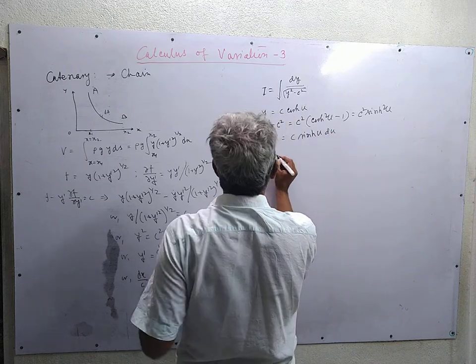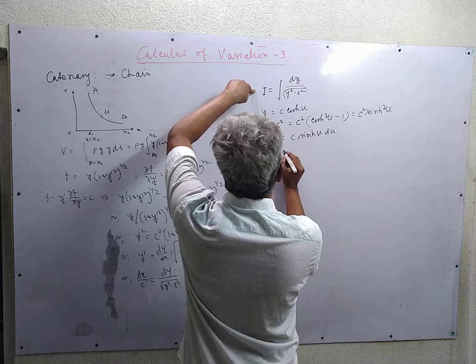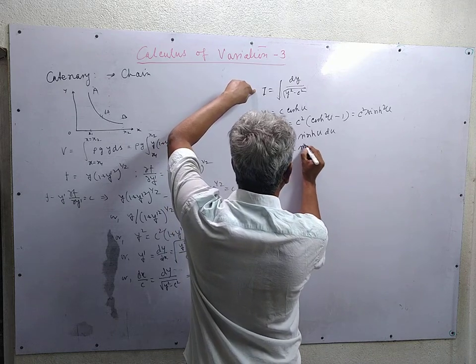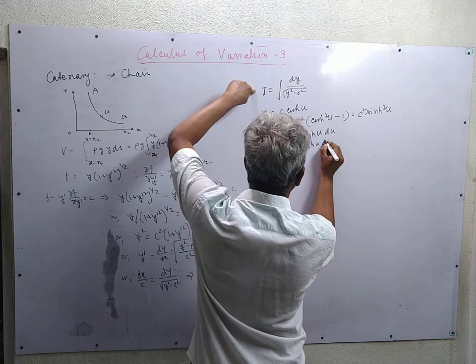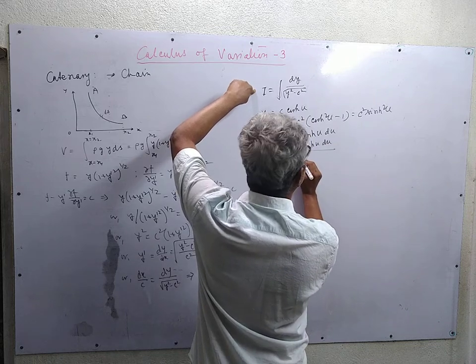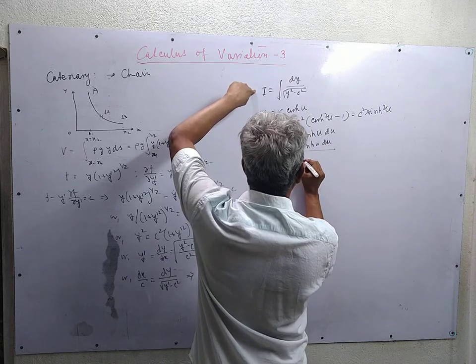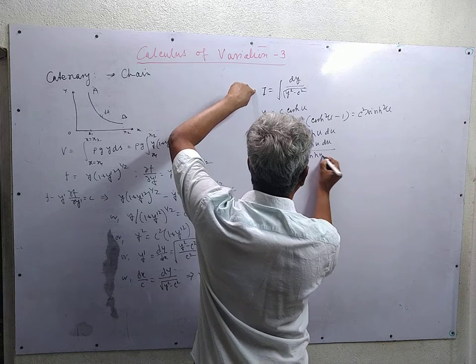So the integral I becomes c sinh u du, and in the denominator we have c sinh u.